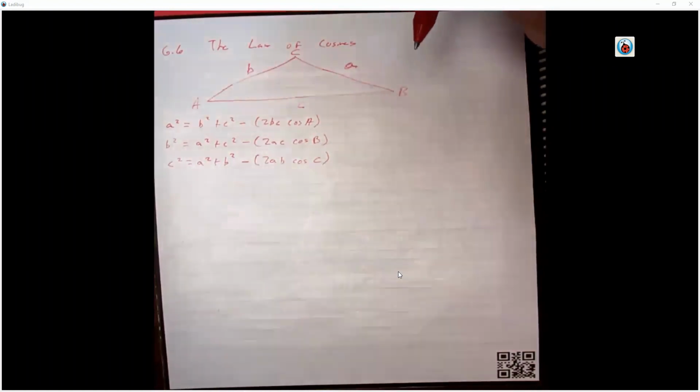See what I mean? So if you're looking for sides using law of cosines, you better have at least two sides and an angle.